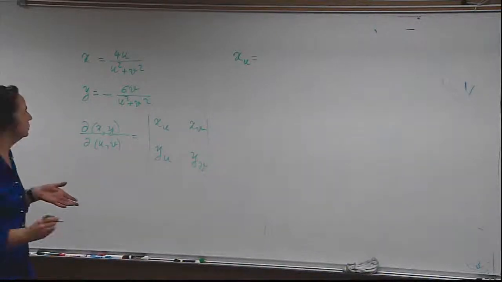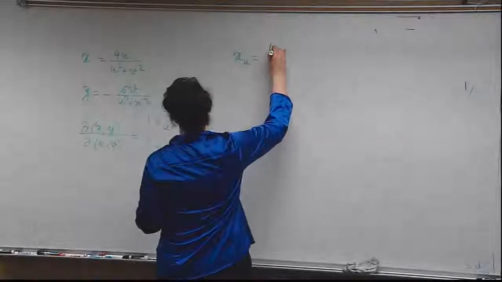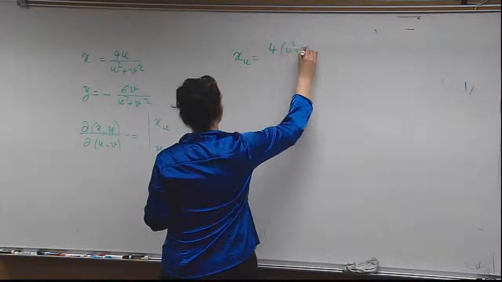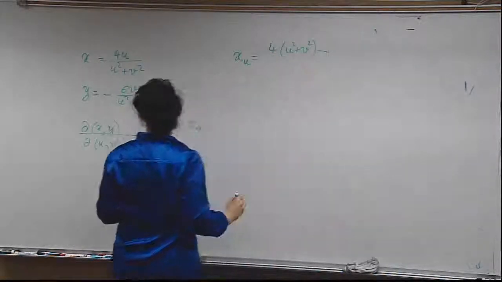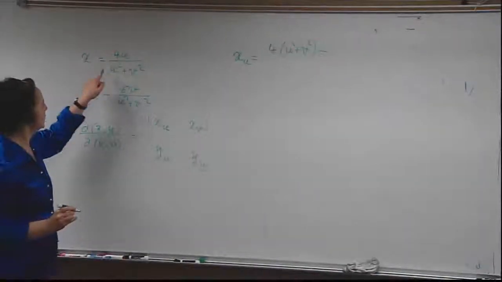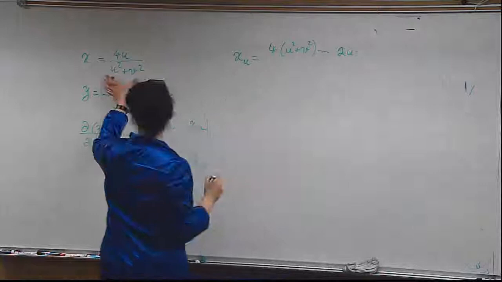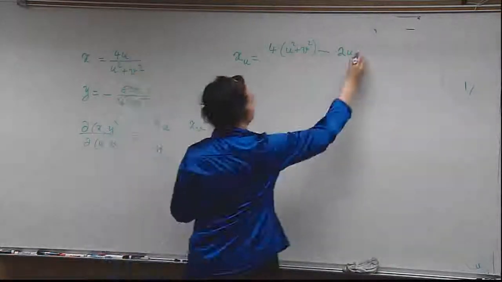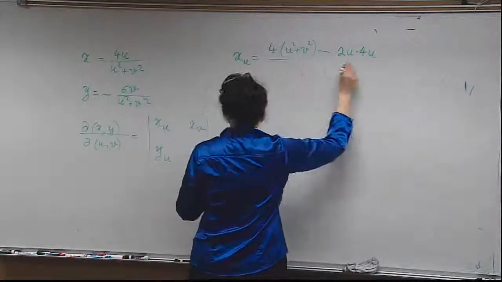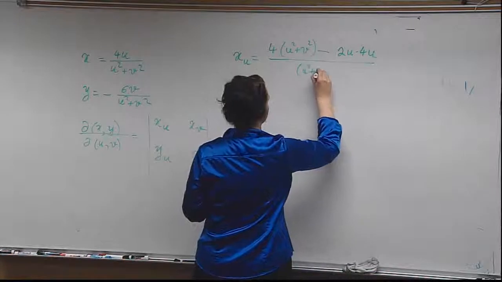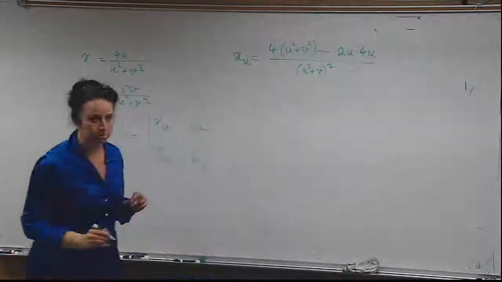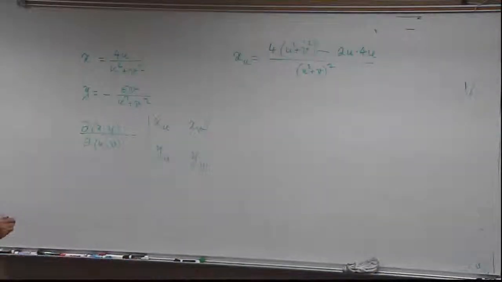Because it's the quotient rule. You have 4 times u squared plus v squared, minus 2u, the derivative of this, times 4u, divided by the square of that. Did I go too fast?